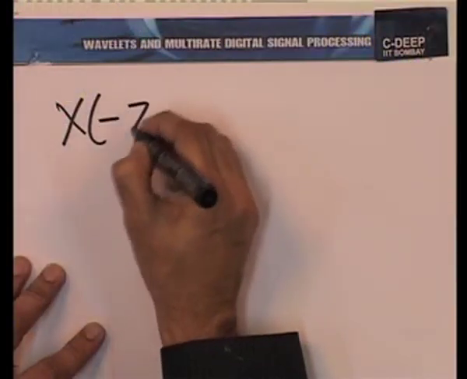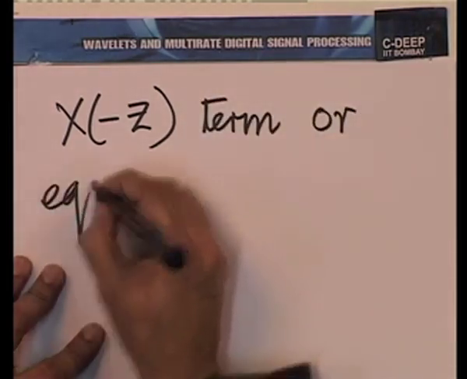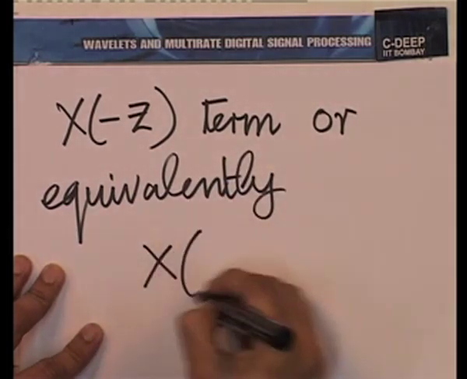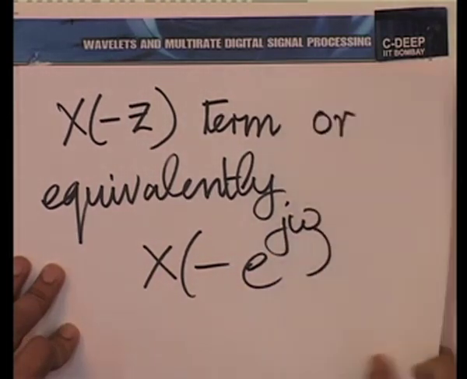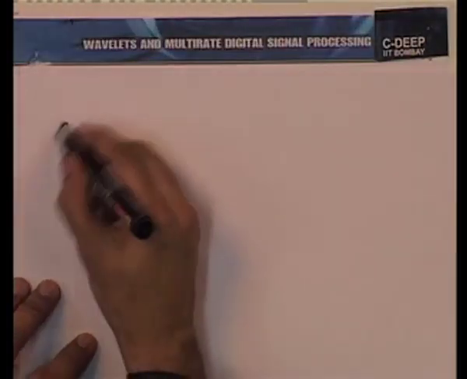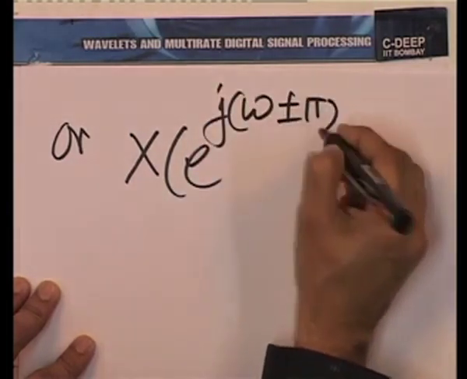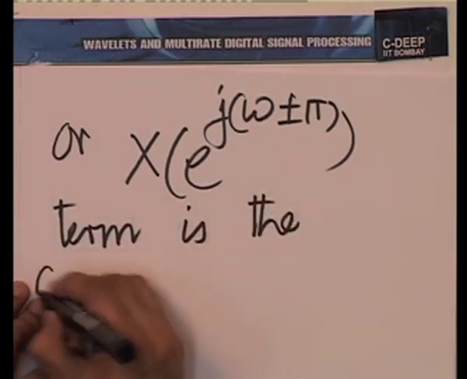So the X of minus z term, or equivalently the X of minus e raised to the power j omega, or X of e raised to the power j omega plus minus pi term, is the consequence of aliasing.